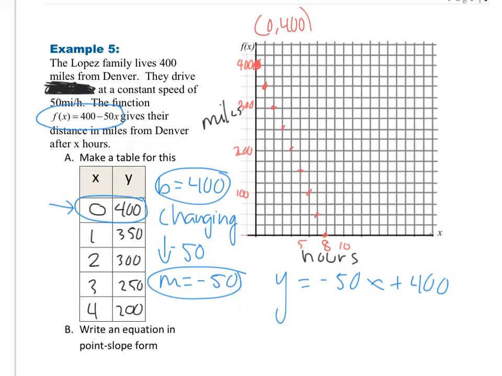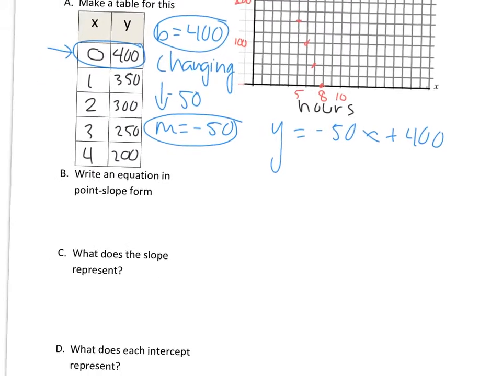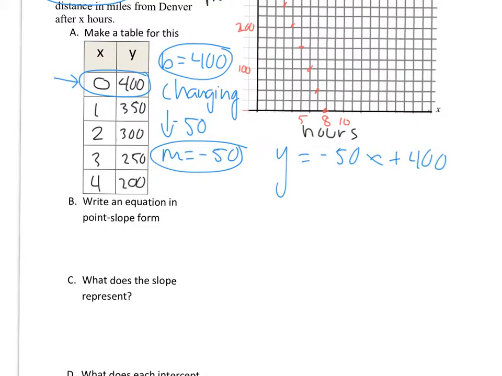So let's look a little bit further down. It says, write an equation in point-slope form. Now, we already know what the slope is, so that's helpful. And we already have a bunch of points. So let's see, what's your favorite point? Let's pick this one, (2, 300). Now, the standard form for point-slope looks like this. This is blank with nothing filled in.